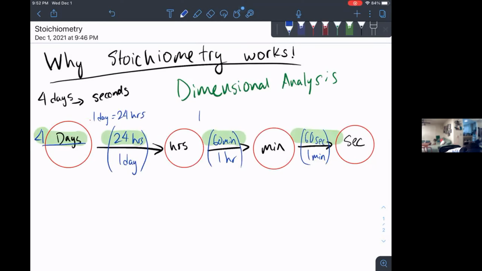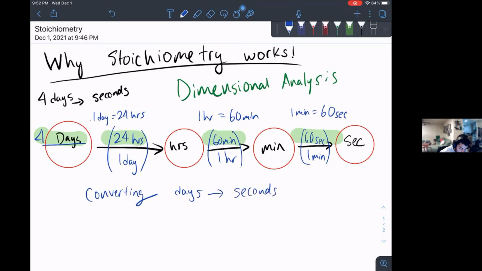We're taking 1 hour equals 60 minutes, and 1 minute equals 60 seconds. We're taking these conversion factors and putting them into this conversion. And the beauty of that is we're not actually changing anything except for the units. We are converting days to seconds. And they're still equal to the same amount.